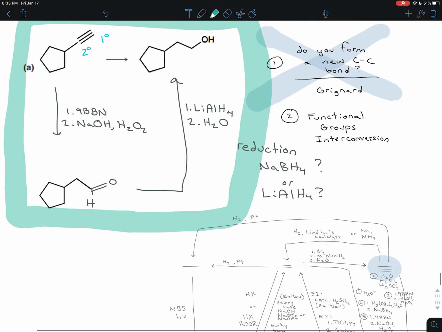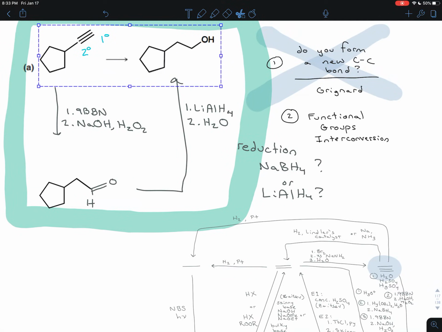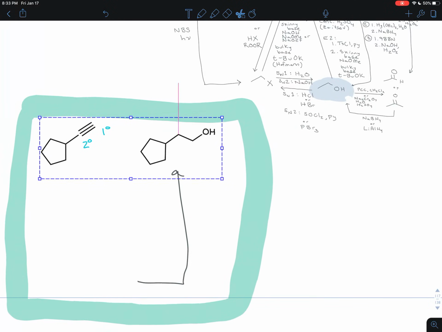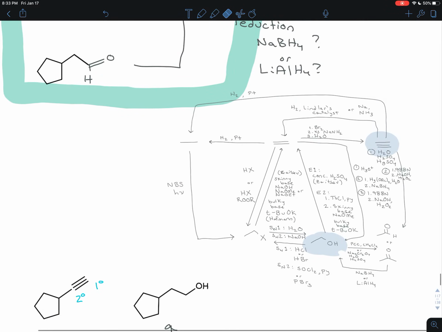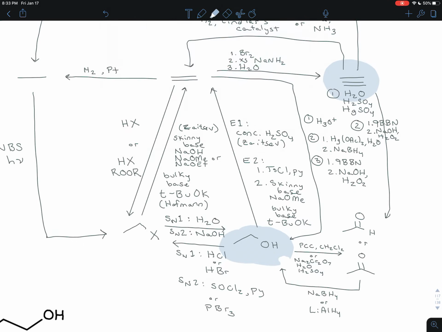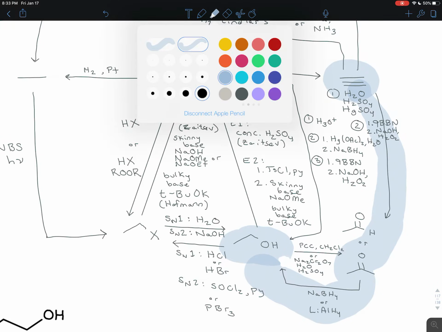Now another thing we could have done, we could have taken the same thing, analyzed it in a slightly different way, and come to a slightly different conclusion. So this answer that we just had, that would be like taking this path to our product, but you could take another path.